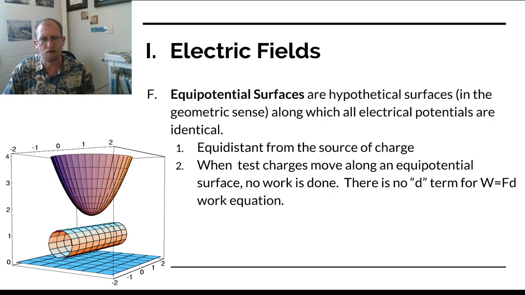But it's a connected series of points in three-dimensional space that share some attribute. In this case, we're talking about points in three-dimensional space that share the same electric potential. So we call these equipotential surfaces. Equi meaning the same, potential because they have the same electric potential. They have the same voltage across all of these points in space.